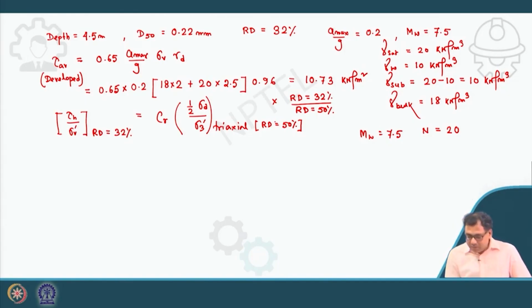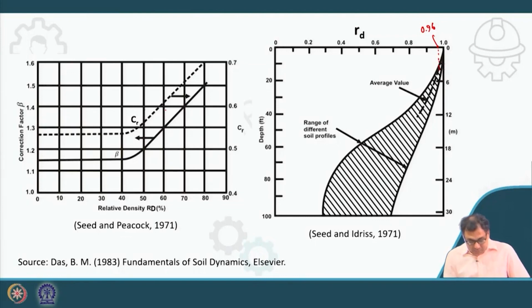So now how will I calculate CR and this value, half sigma D by sigma 3 dash? Now CR I will get from here. My relative density is 32%. So for 32%, I have to go from this side. If I extend it, this is 0.55, this will be around 0.56.